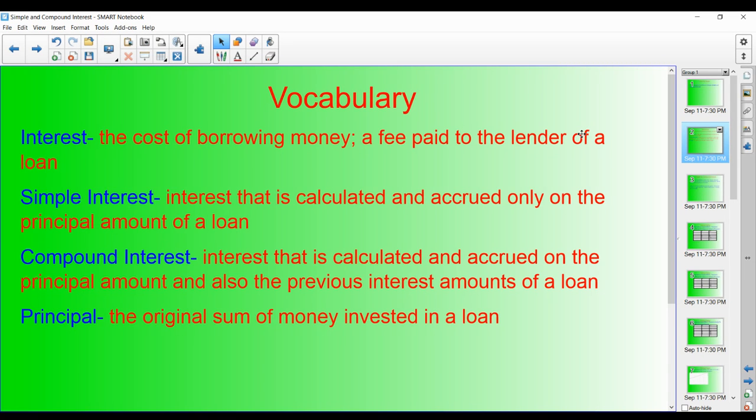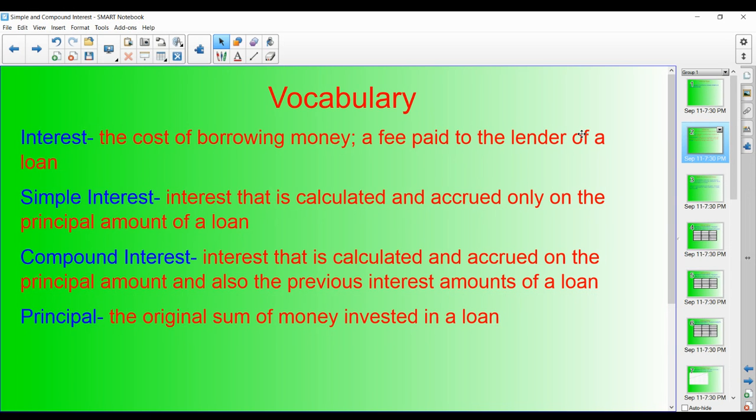Now, simple interest is interest that's calculated only on the principal, only on the first amount that I invest. So I'm getting the same amount of interest every single month, and it's calculated based on that beginning amount. Compound interest is interest on top of interest. It's calculated on whatever the current amount is.